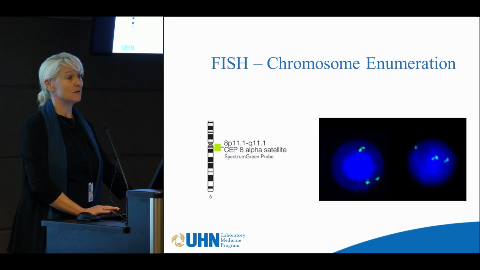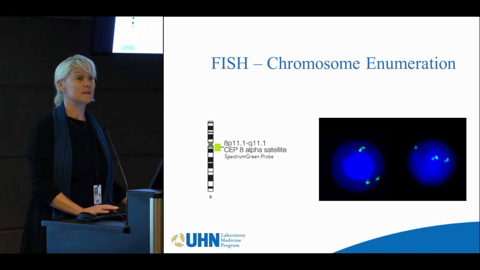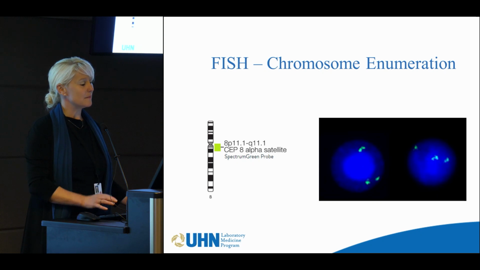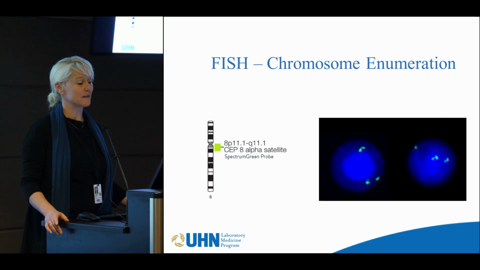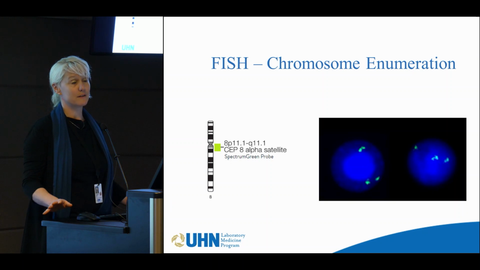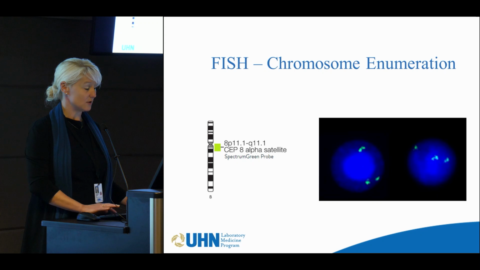And we use it to enumerate the number of chromosomes, and intuitively you would think any chromosomal abnormality would have a deleterious effect. However, within cancer, having this extra chromosome 8, which is found in many hematological disorders, 90% of myeloid disorders and 10% of lymphoid, is actually a fairly good prognosis for these patients.